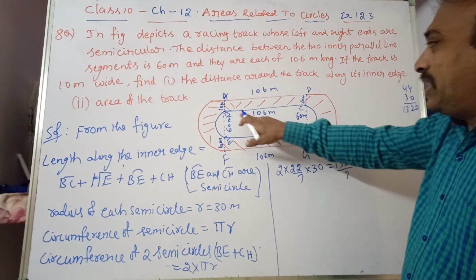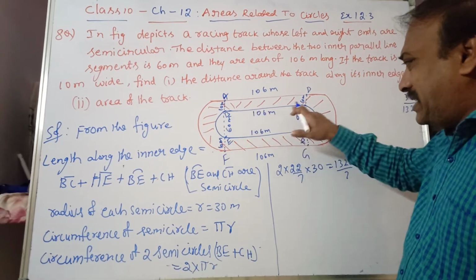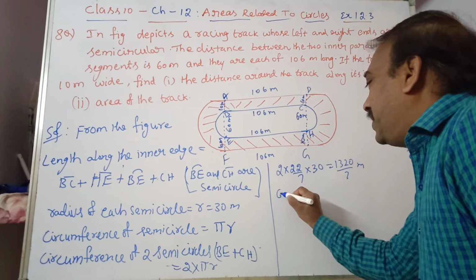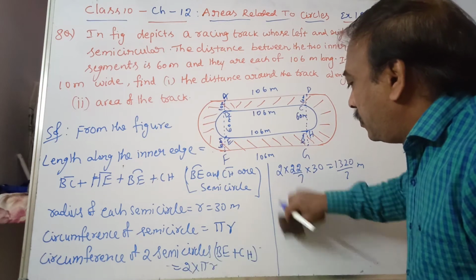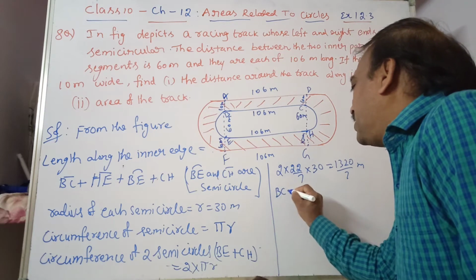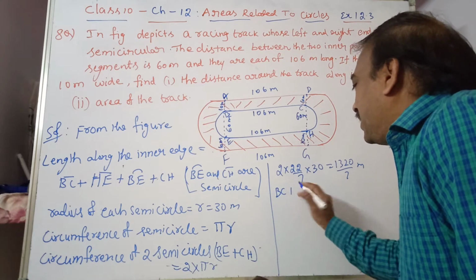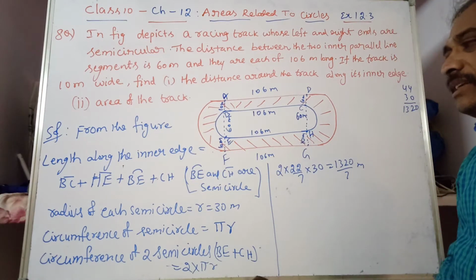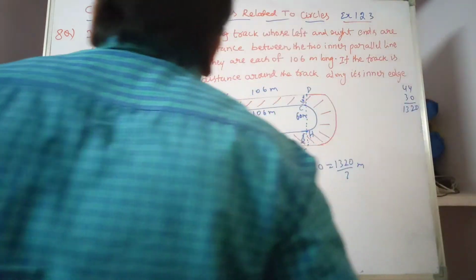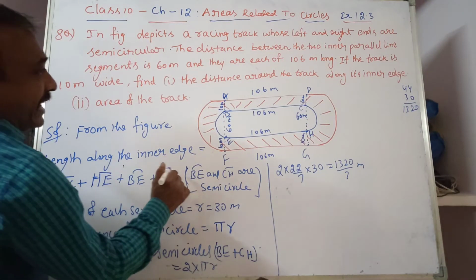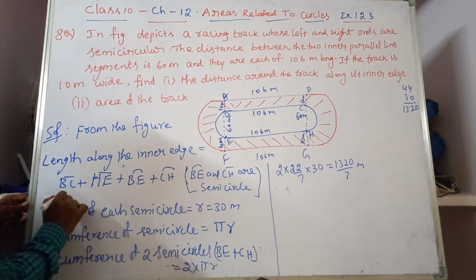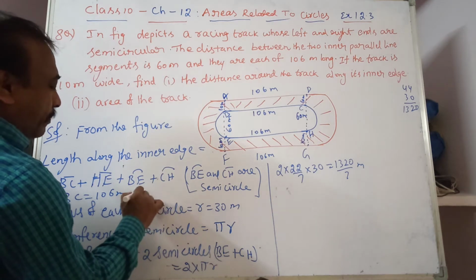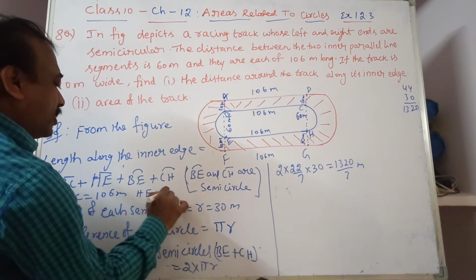This is the length of the circle, that is nothing but the circumference of the semicircle. Now the length along the inner edge, that means BC plus EF. Here BC is 106 meters, and HE also is 106 meters.